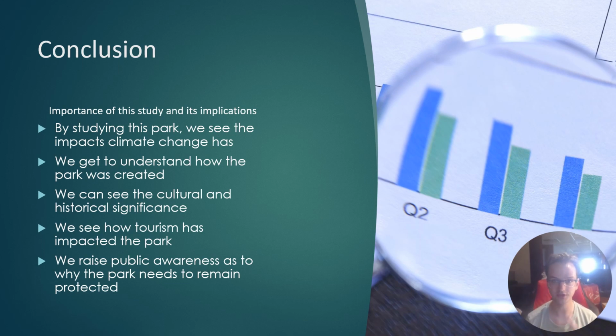There's also a huge cultural and historical significance. I believe there were tribes that actually lived around Glacier National Park. Another thing is, with these slides, we saw how tourism has impacted the park's ecosystem, as well as brought in business for other people, and how it's negatively impacted the park as well.